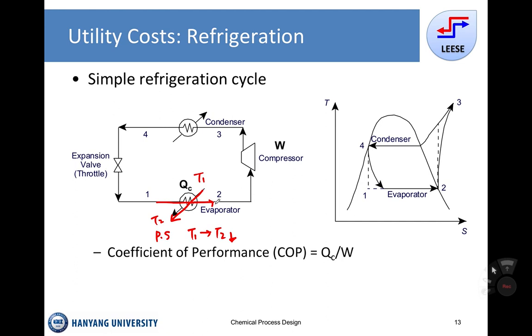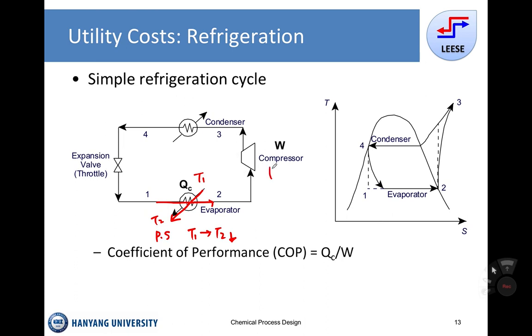So the latent heat of the evaporation is the source for the refrigeration, okay? So the latent heat of the fluid from condition 1 to condition 2 is the essential part for having refrigeration.